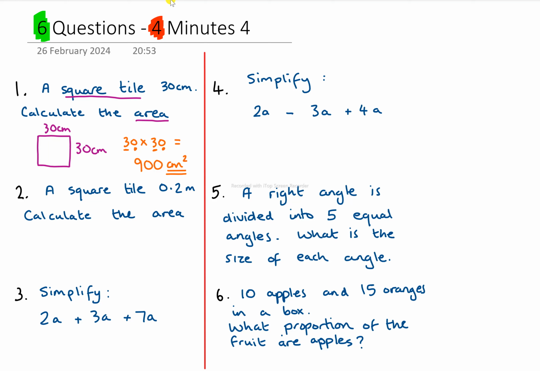Now, on the next question, I have a square tile, so I think of a square. And I think of 0.2. Now this is tricky. I'm going to leave out the units. I'm not going to put m there for meters, 0.2 and 0.2 for now.